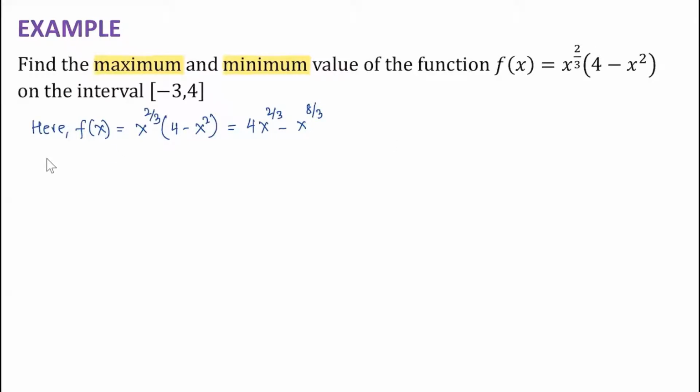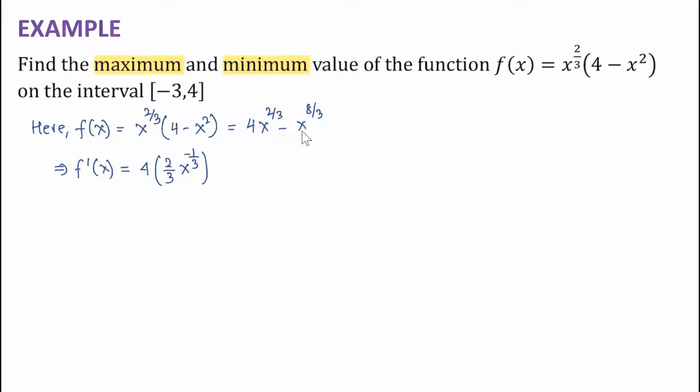Now let's find the derivative. The first derivative will be equal to, here 4 is a constant multiple, so it is 4 times. For this one we use the power rule. We bring the power 2/3 down and we reduce the power by 1. 2/3 minus 1 is negative 1/3.